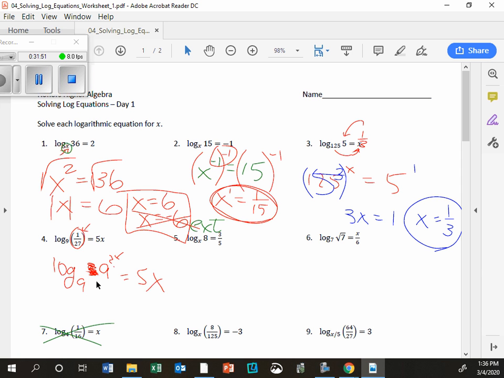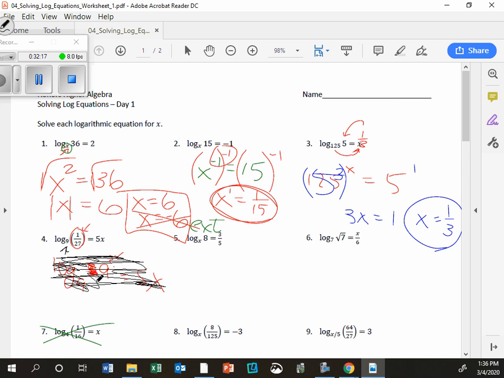Yes, but the problem is this. You're not allowed to change this base to something else. It won't work. I know, you're right. You could make them both have a base of 3. Now, if you wanted to rewrite it first, then you could do what you just said. So here's essentially what he said.